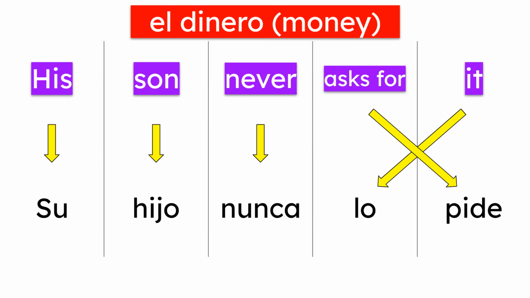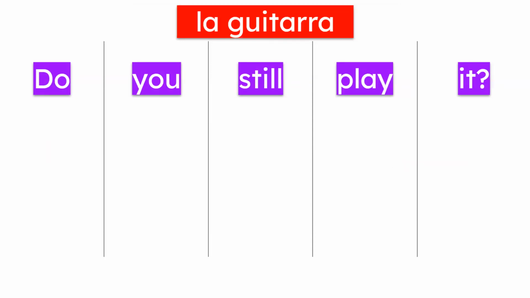Okay. And now the last exercise, and this is a question. Do you still play it? You already know how to say play because we have just seen this verb a minute ago.